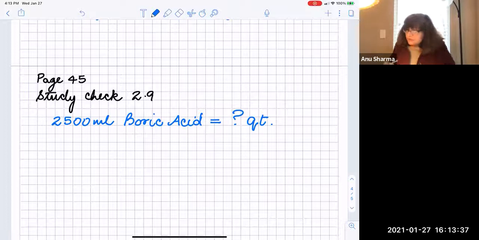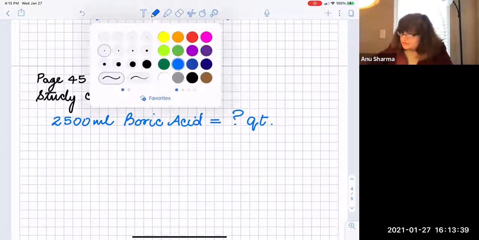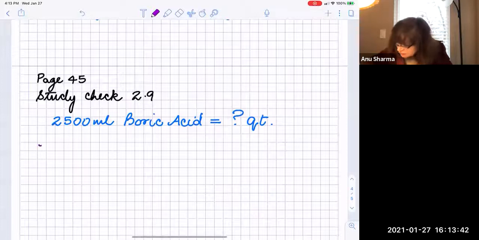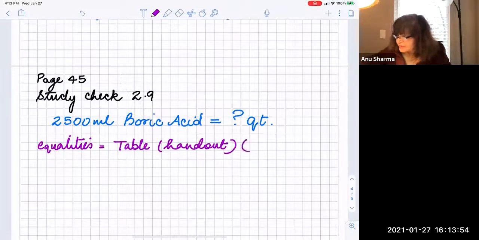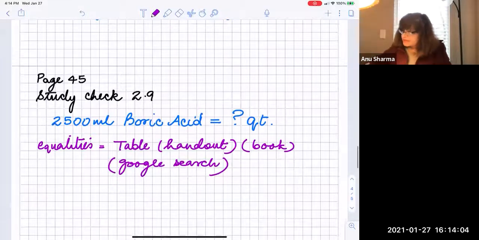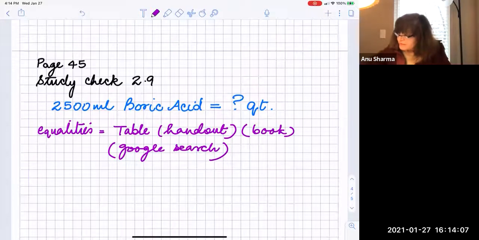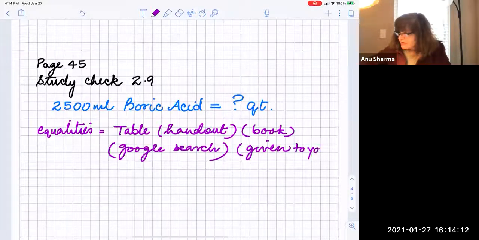Now we are going to look at the tables. The equalities are either given to you, or you have to look at them in the tables, and this table is in the handout, or you can look at a table in the book, or you can do a Google search to look for the equality. Sometimes that could be a little bit misleading, or they will be given in the question.